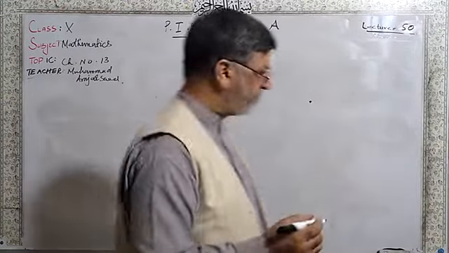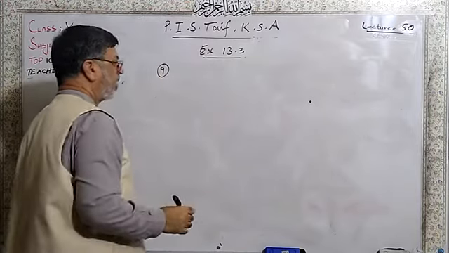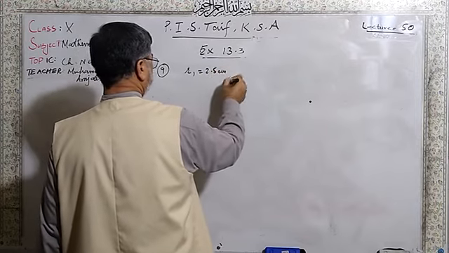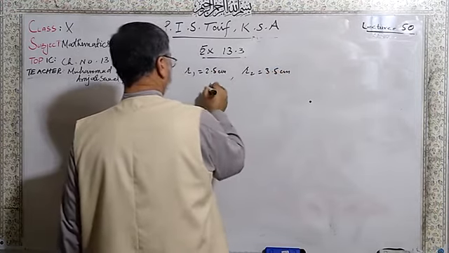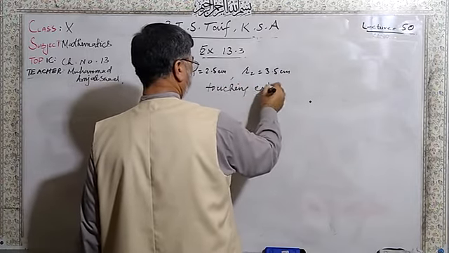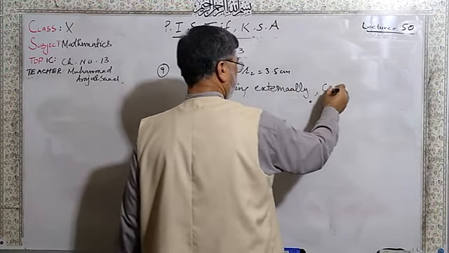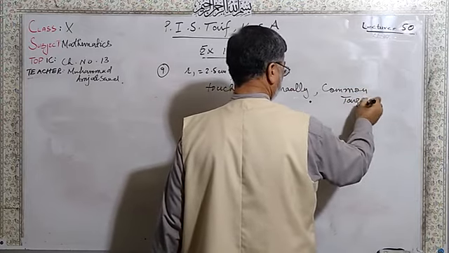Question number 9. Two circles, radius R1 is 2.5 centimeter, R2 is 3.5 centimeter, touching externally. We have to draw common tangents.